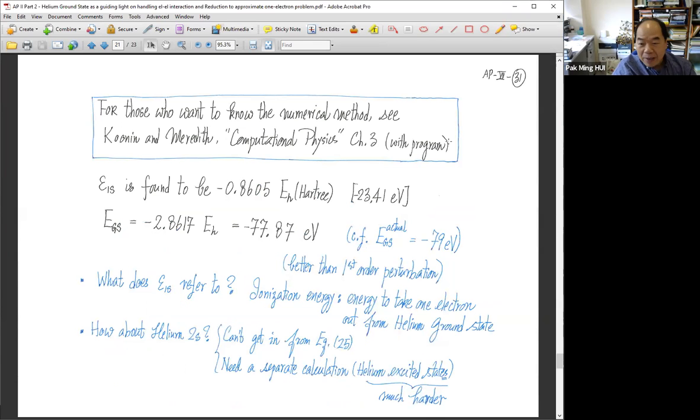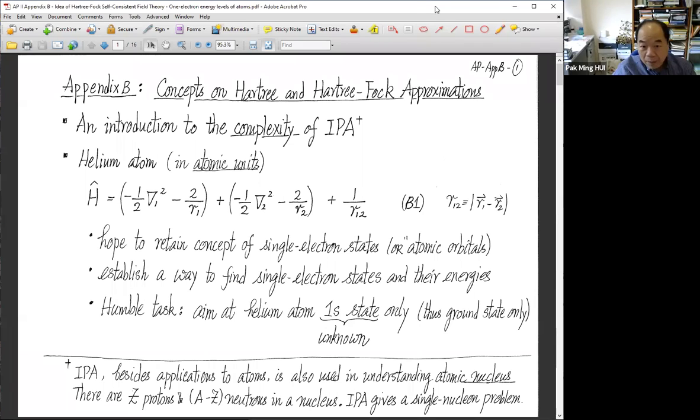So let me pick it up from there, and then I will go to the appendix to tell you a little bit more about this self-consistent method. It is the most popular method in handling atom problems, solid state problems, and also molecular problems.